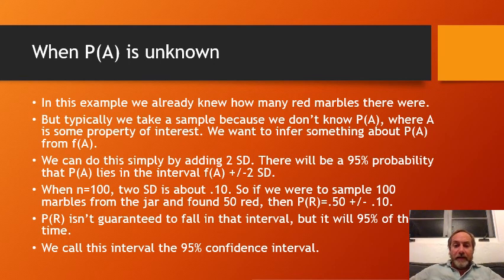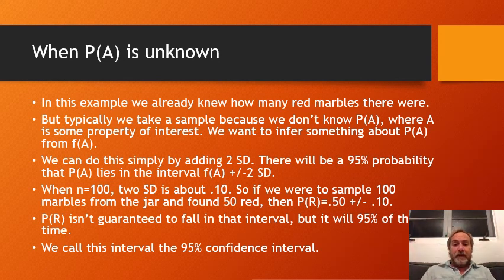We can do this by simply adding two standard deviations to whatever relative frequency we find in the sample, right? So, for example, when n is 100, a sample of 100, two standard deviations is going to be about 0.10. As you recall, the probability in the population was 0.5.